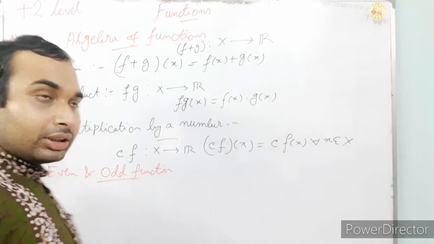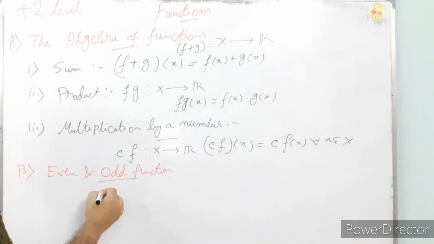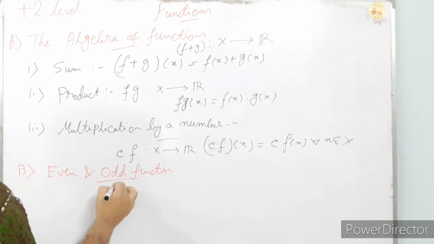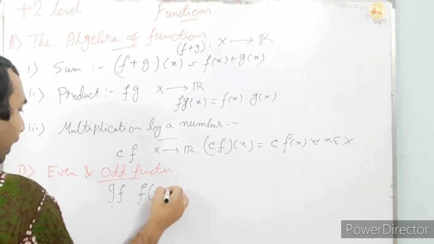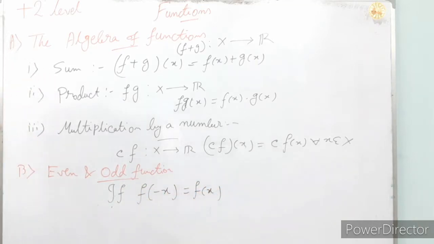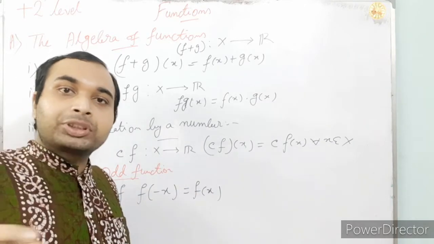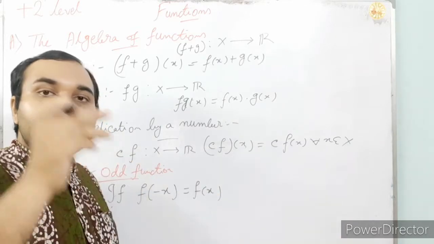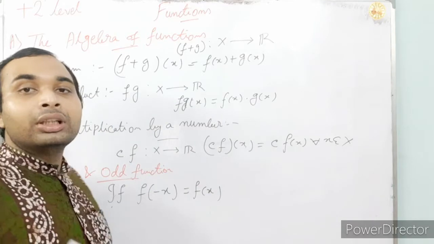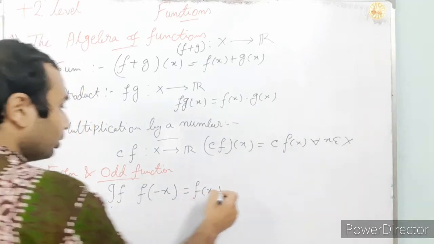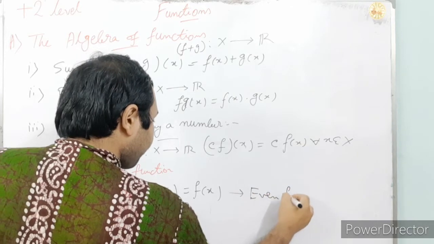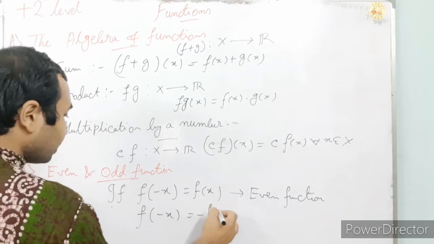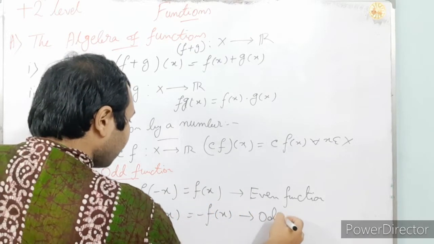If f of minus x equals f(x), you have to substitute x with minus x and find the result. If it remains f(x) only, then it is always an even function. And if f of minus x equals minus of f(x), then it is an odd function.